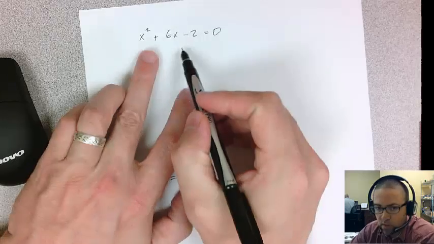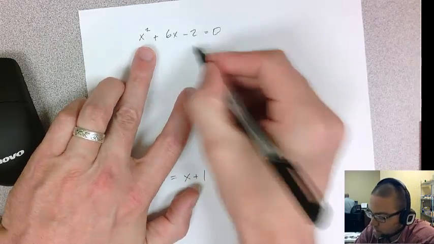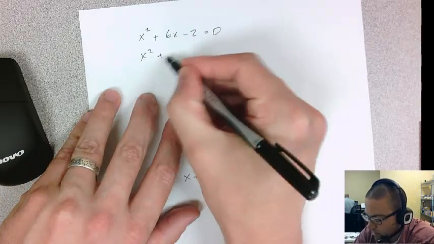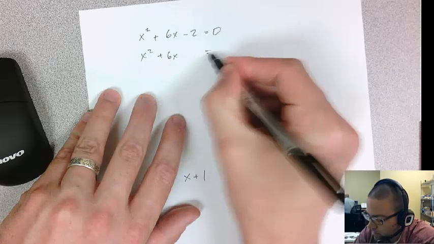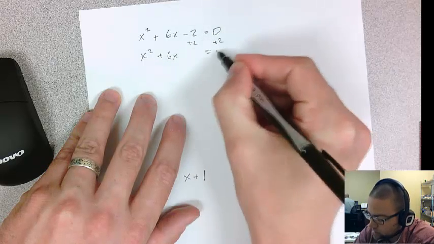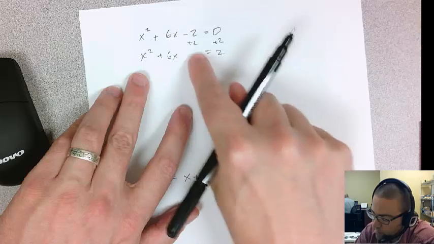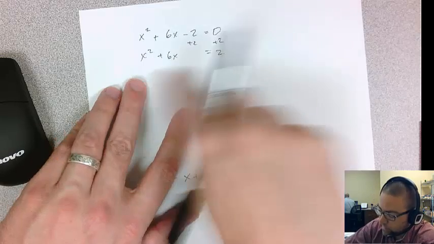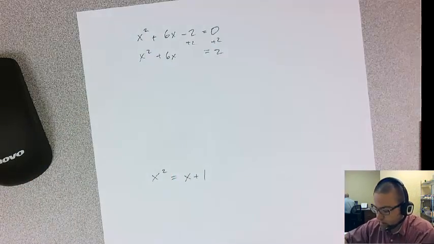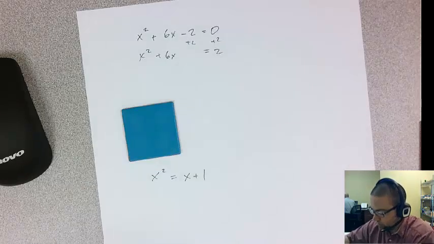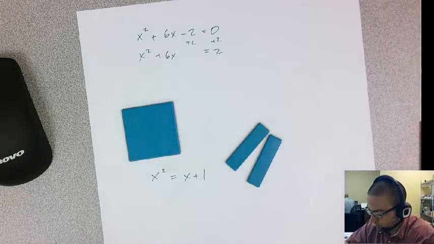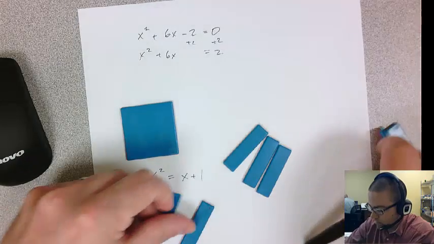So what I'm going to do is I'm going to move this to the other side so that I have this blank spot. So I'm going to add 2 to both sides. And now I want to put the number in there that would complete this square. So I have to think about it. I'm going to have x squared plus 6x's. Right.